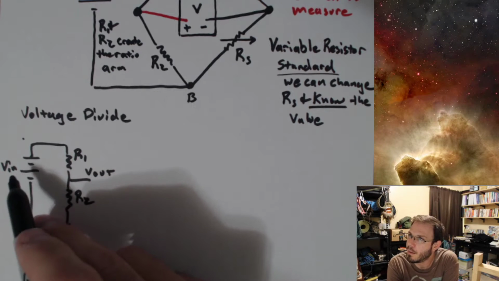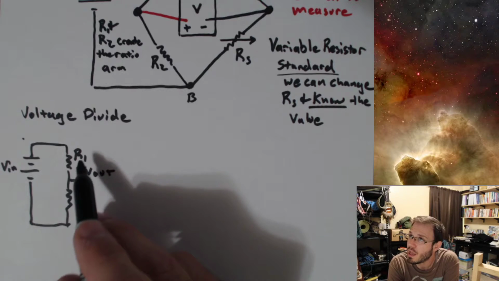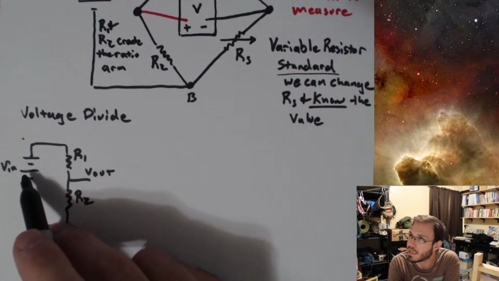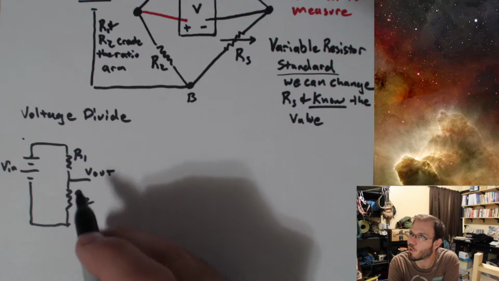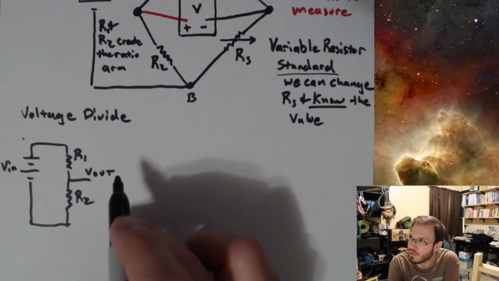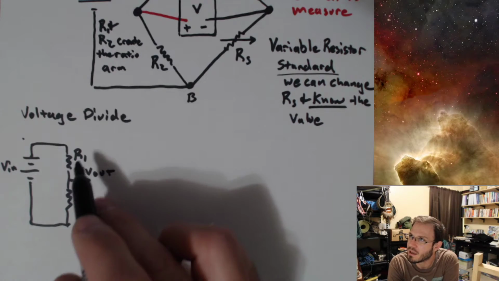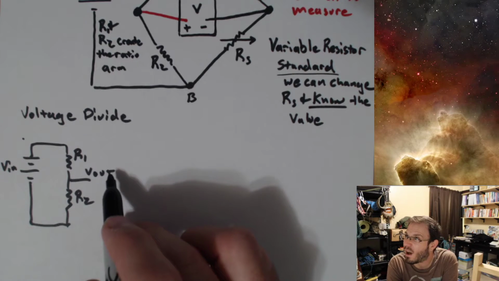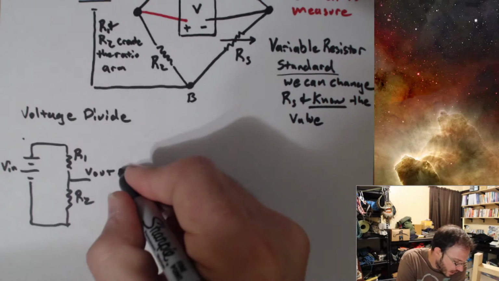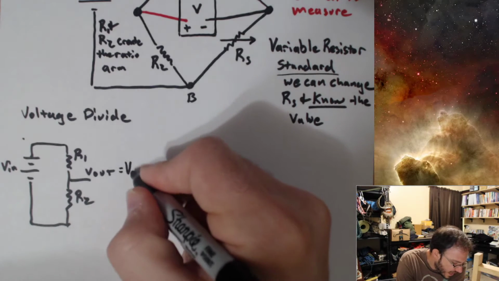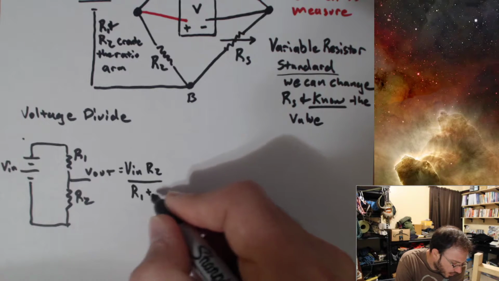When you have some voltage and you want a different voltage out, you can create a lower voltage by dividing it down using two resistances, R1 and R2. And we solved this before, and we wrote out what that equation ends up being for V out in terms of R1, R2, and V in. In fact, V out is going to equal V in times R2 divided by R1 plus R2.